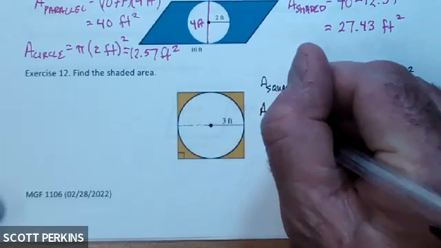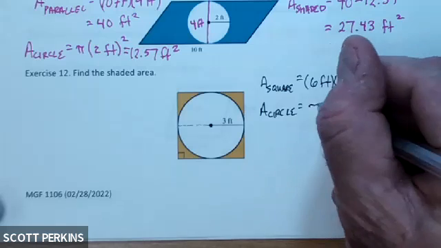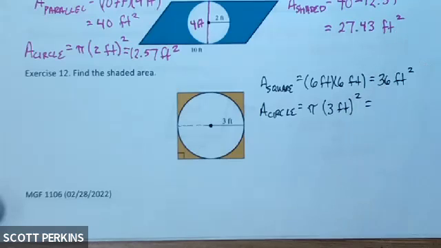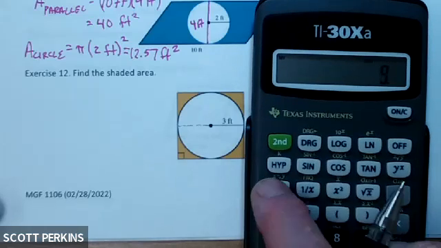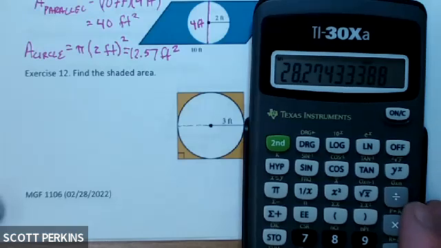The area of the circle, which is inside, is pi times the radius squared, which is 3 feet that I'm going to square. So that is pi times 9. So 9 times the pi key gives me 28.274. So that's just going to stay 28.27.